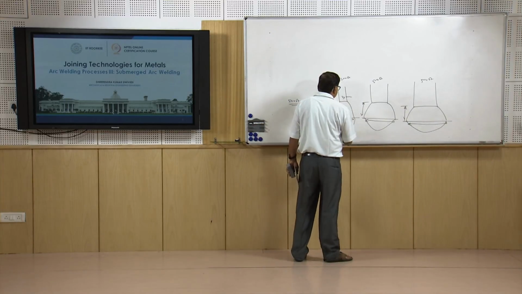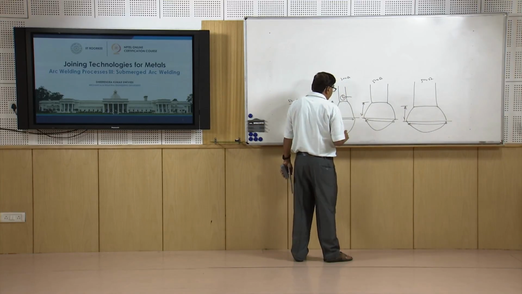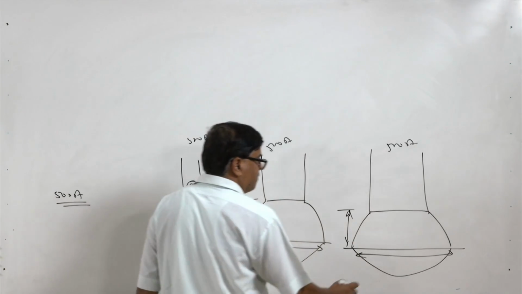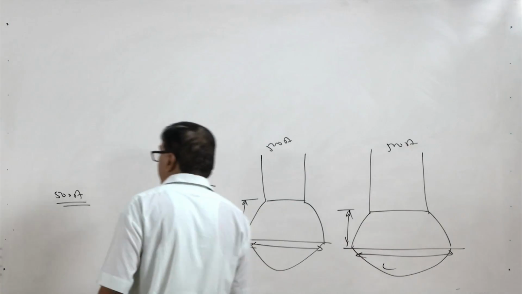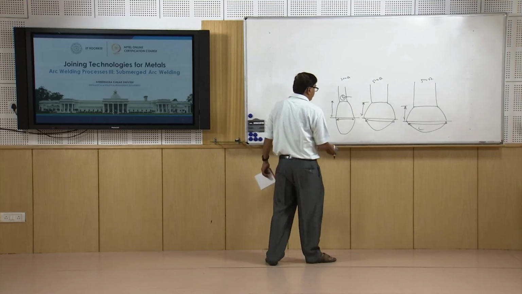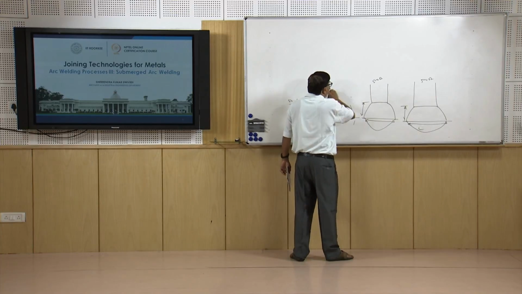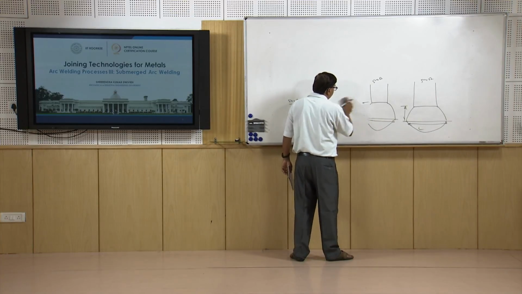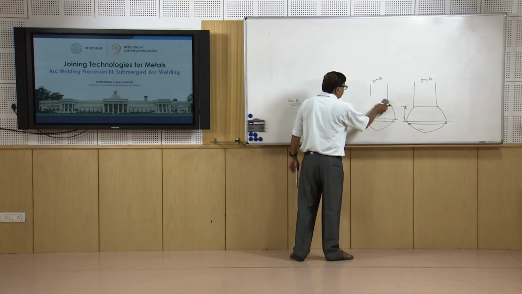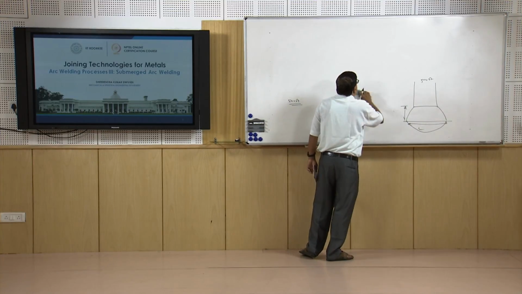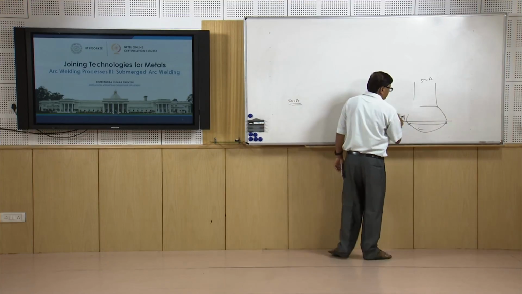We get much deeper penetration for the finer diameter electrodes as compared to the large size electrodes. So, it means for given welding conditions, a change in the size of the electrode can also affect the geometry of the weld or the depth of penetration of the weld.